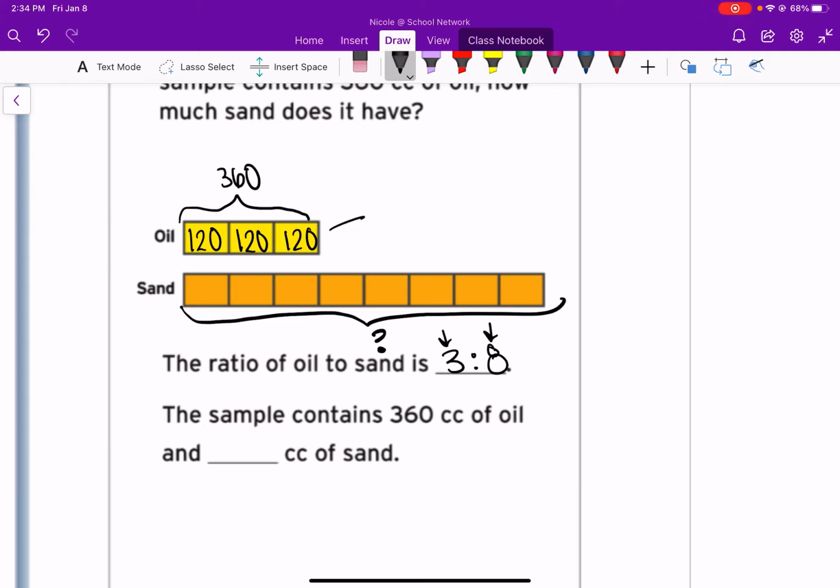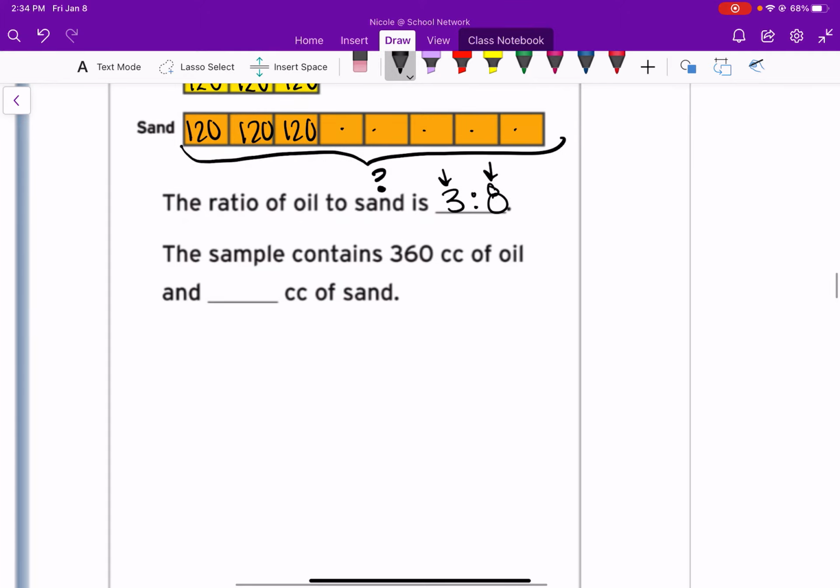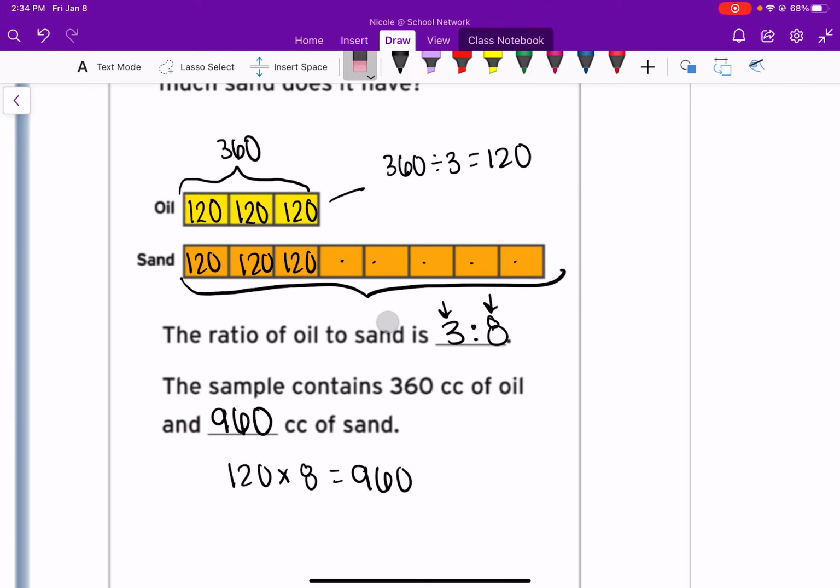I know that because 360 divided by 3 is 120. So each piece here is 120. If all of these were 120, this would be 120 times what? How many pieces? There's 8. So that's 960. So all of that would be 960.